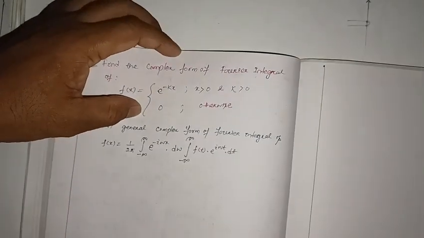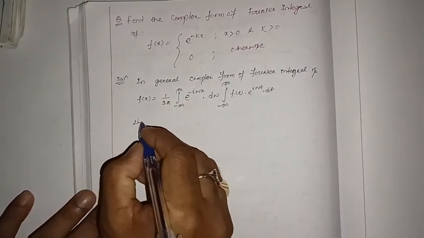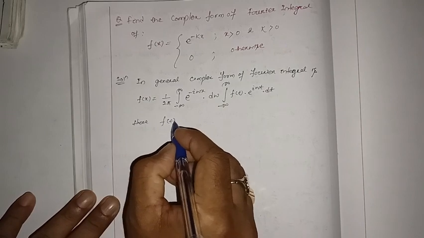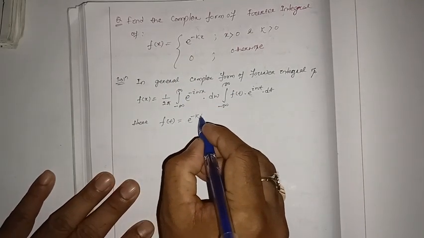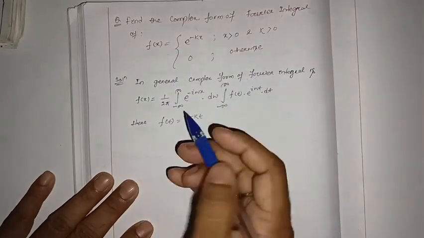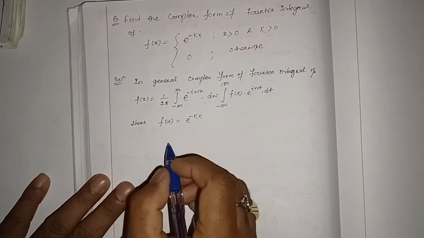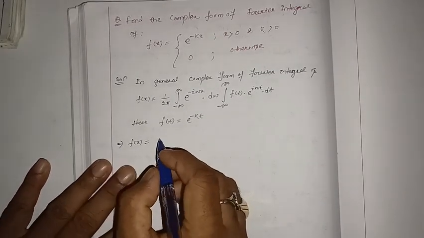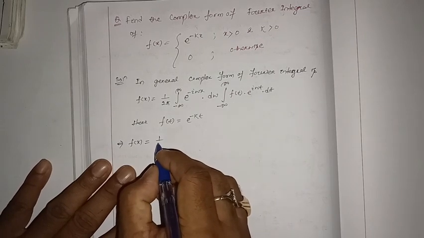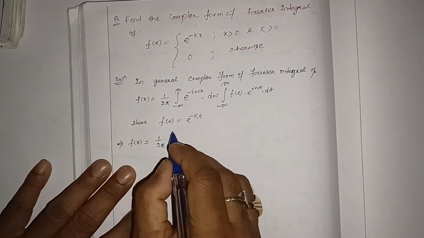I write it now here. f of t, as per the question, is e to the power minus kt. Instead of x it will be t, so f of t is e to the minus kt. So that implies f of x will be equal to 1 by 2 pi, integral from minus infinity to plus infinity.